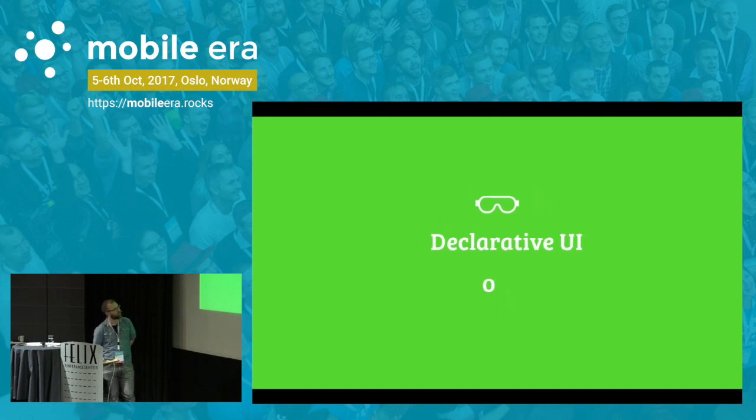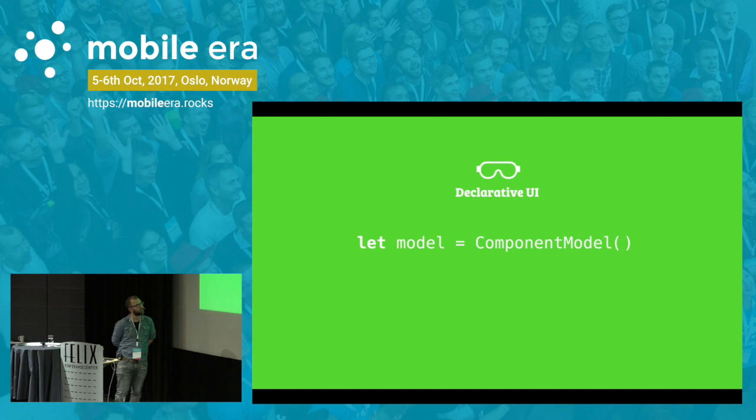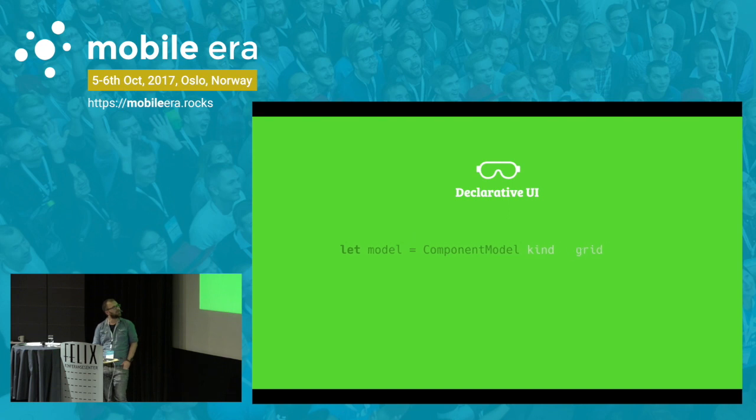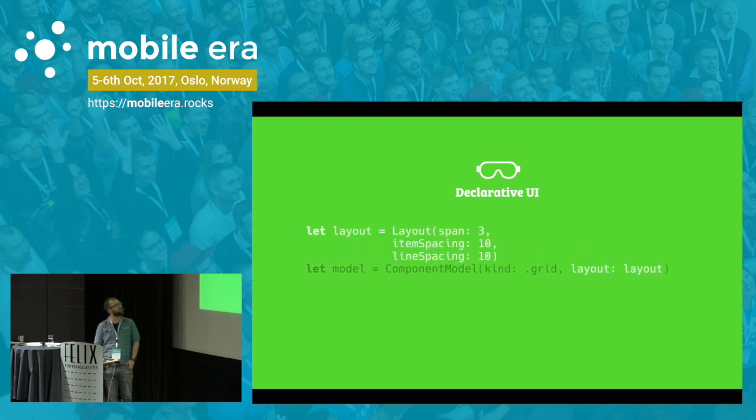So what we ended up doing is we designed a component model. Again, this was called something completely different when we started, something super silly. Can't remember the name right now. So let's make a grid, and let's give it some layout properties. In this case, I'm making a grid, which means that I now know that I'm going to get 3 views in a row until it hits the next line.